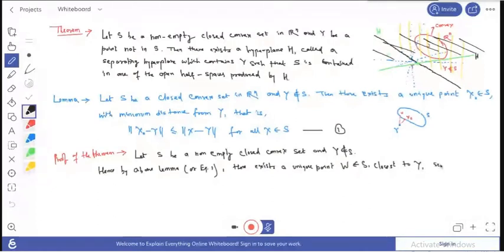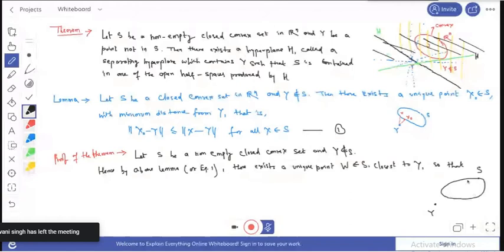So this means, take this closed convex set S, and here your point is y. By the lemma, there exists a point, suppose w, which belongs to that set S, such that this distance is minimum.